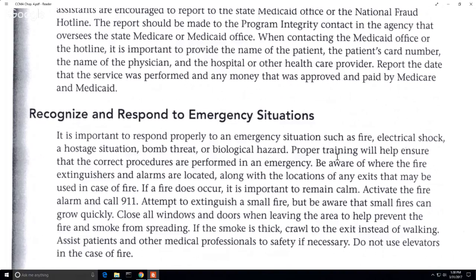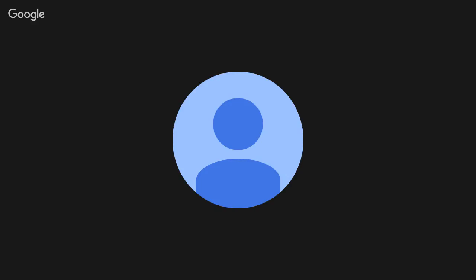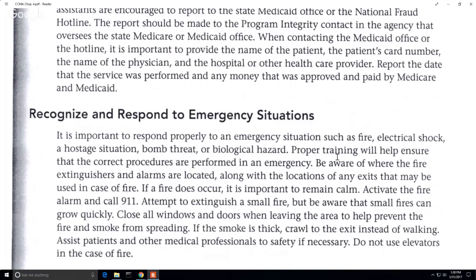Now, if the smoke is thick, crawl to the exit instead of walking. You know why that is? So that you don't inhale smoke. Right, smoke goes upwards, so downwards there is very little smoke. Smoke rises.